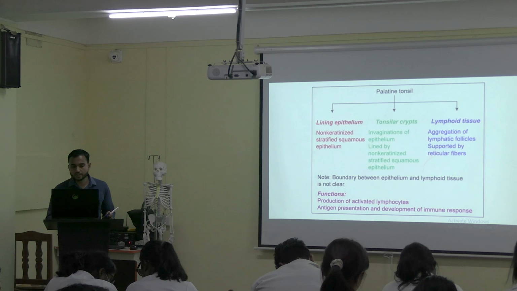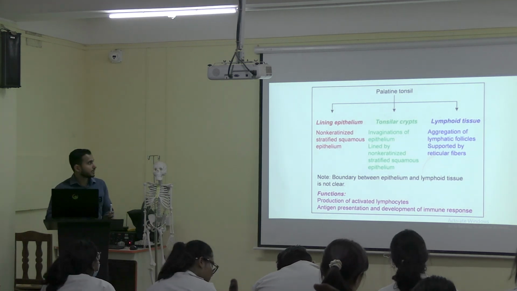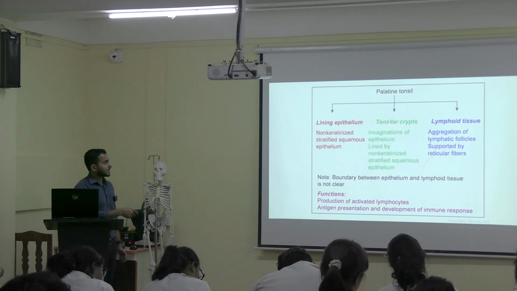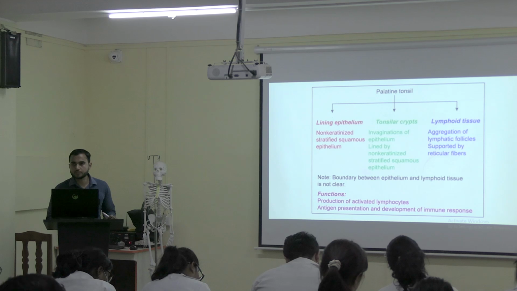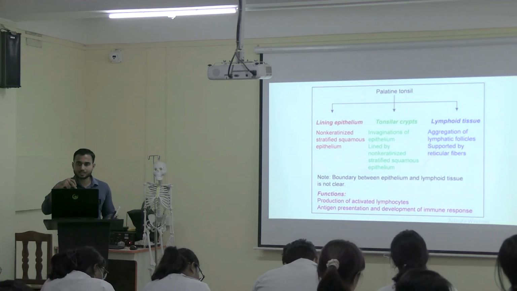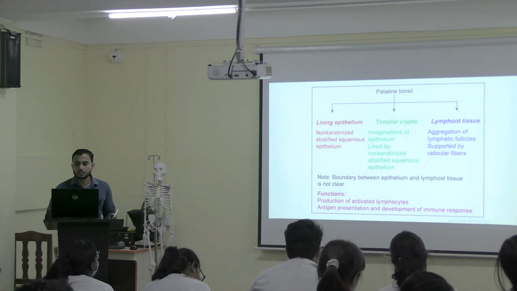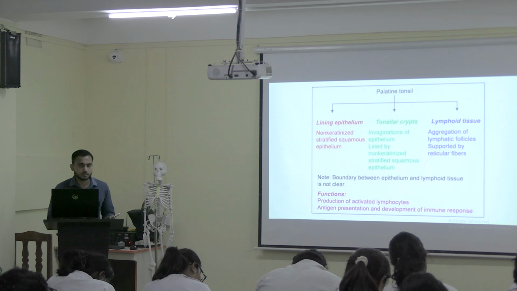It is stratified squamous non-keratinized epithelium. Next, you can see the tonsillar crypts, that is, the dipping down or invagination of the lining epithelium down into the substance of the tissue. The crypts are also lined by the same epithelium.